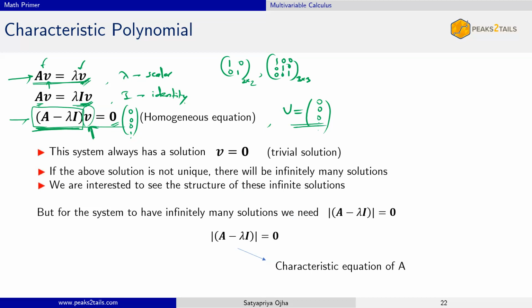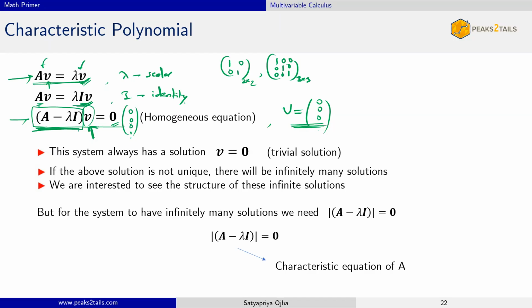But we are not interested in that. You can scale the 0 vector by anything, it remains a 0 vector. We are not interested in this solution. We are looking for other solutions other than 0. Okay. Now remember, there are multiple possible vectors that will lead to this solution.